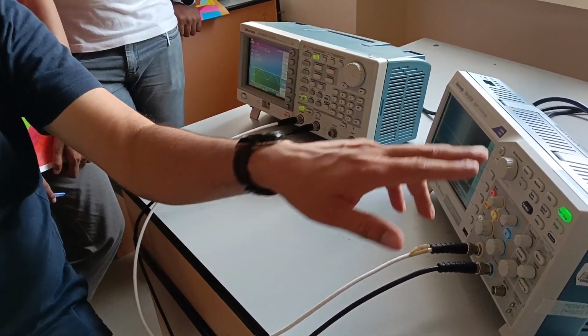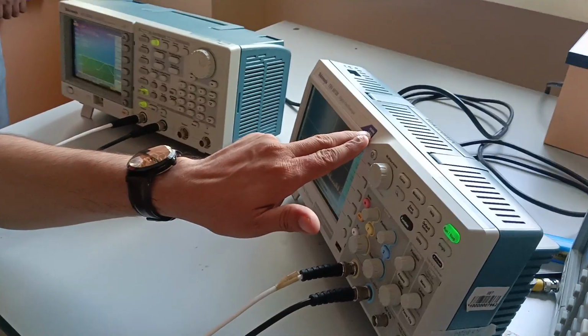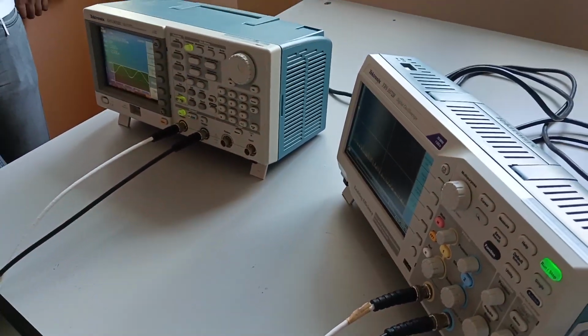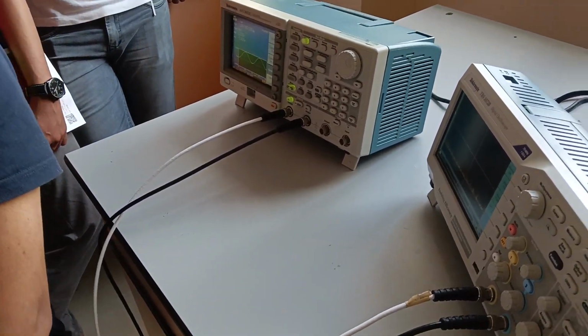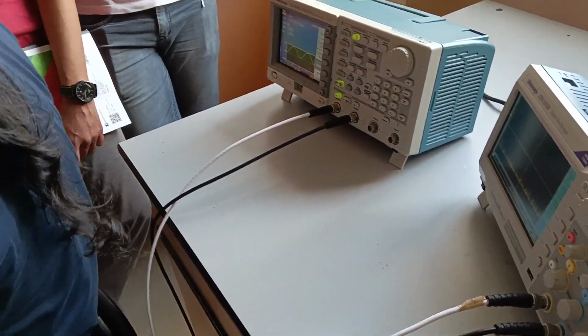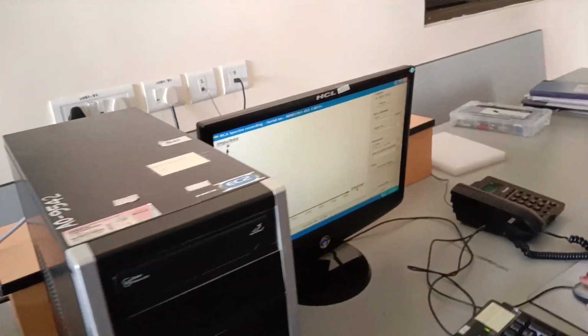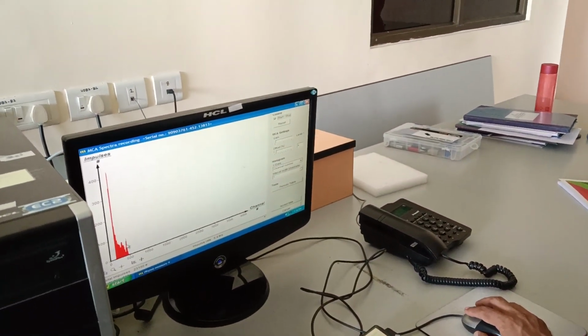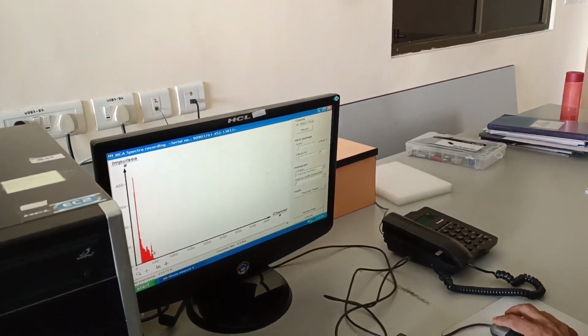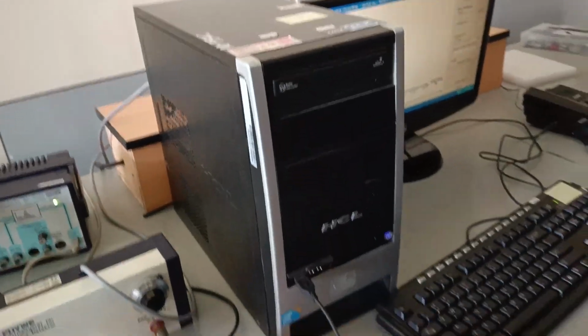Only difference is this oscilloscope can go up to 70 megahertz. This one can only go up to 20 kilohertz. Okay? But you can play. Nevertheless. Here. You see how much spectrum it has recorded already. What is the sensitivity? That we will see.